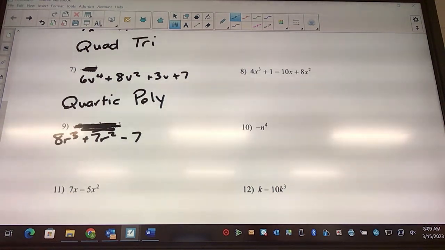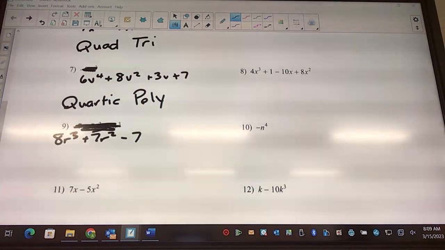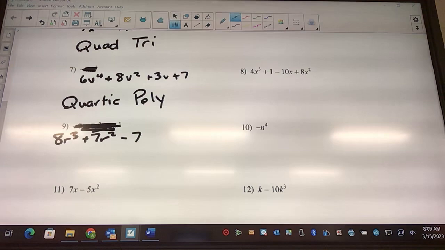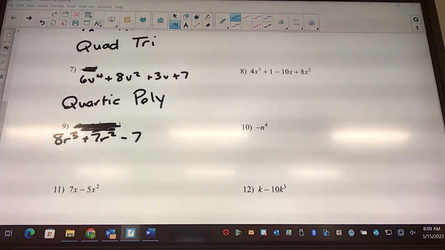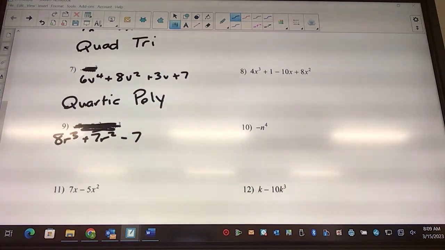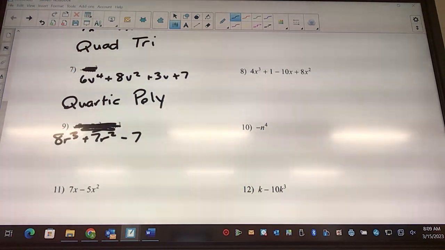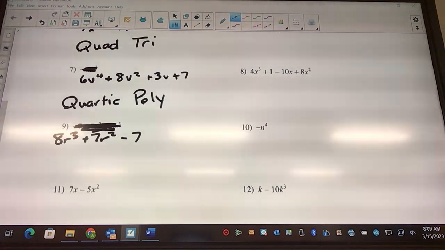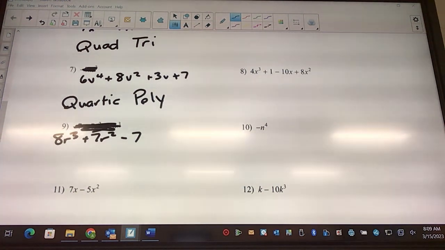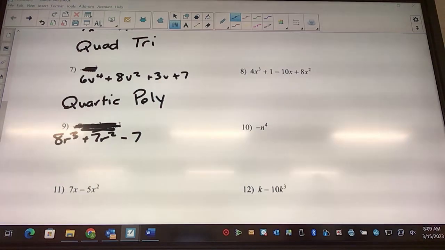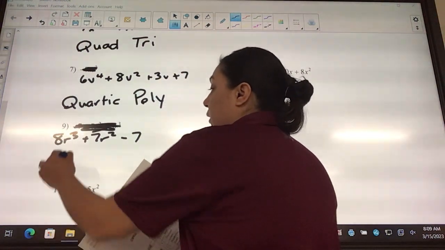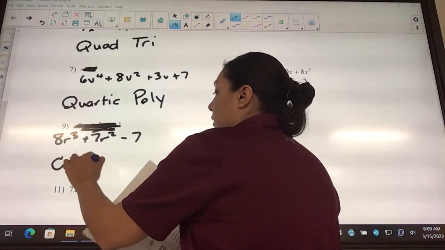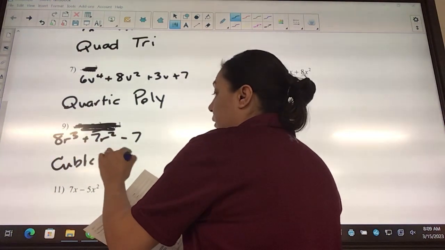No, this is a positive 7, because that positive belongs to that one, that positive belongs to that one, the negative belongs to that one. You can put plus, minus 7, but really you just need minus. What's going to be our degree? Cubic. How many pieces? Try. Good.